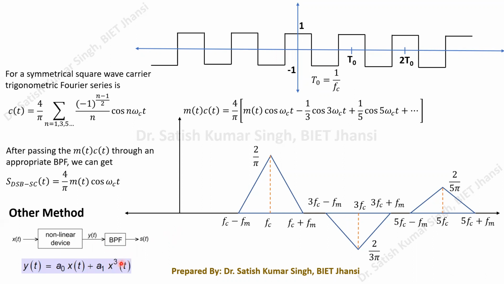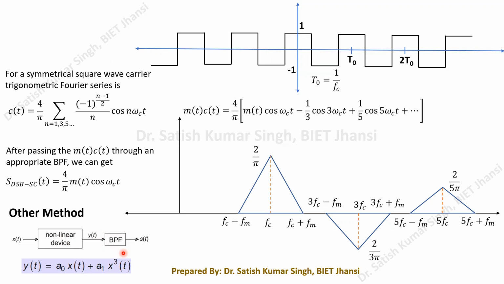It is not just this example; just for the sake of understanding, I have written this particular characteristic, yt equals a0 xt plus a1 x cube t. It can be anything else. We can design any nonlinear device that would be able to give you a certain product term, and then we have to design an appropriate band pass filter to just select that portion, and that will give you the desired DSB-SC output.